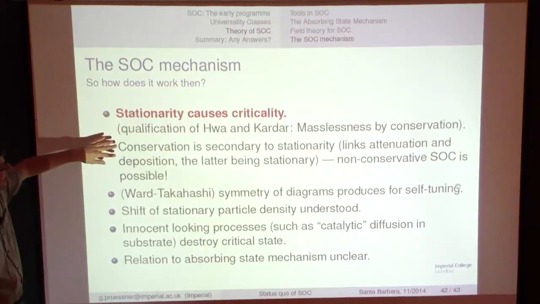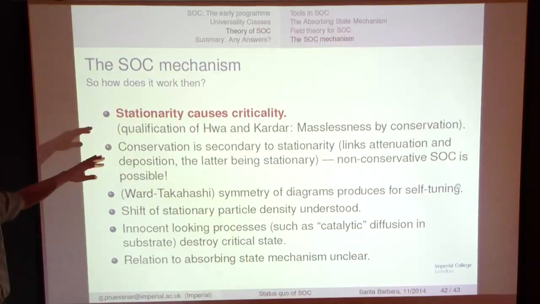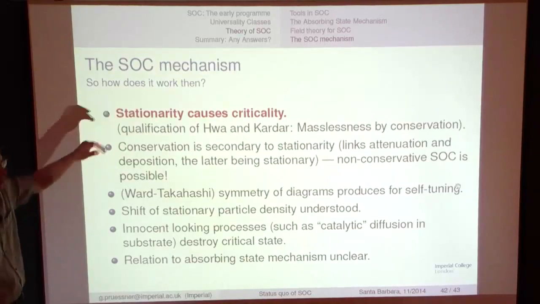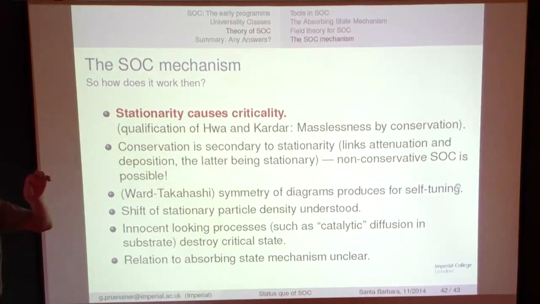But all you need, in principle, to have masslessness due to stationarity is the symmetry of the vertices. So from my point of view, what is the primary cause for criticality in these systems is the symmetry of the vertices. In principle, you can have non-conservative self-organized criticality as long as you maintain the symmetry of these vertices.